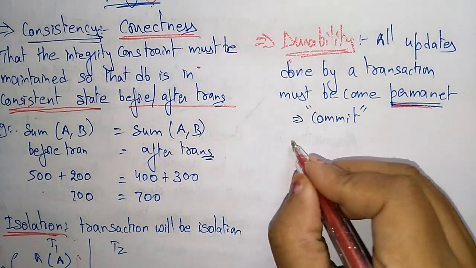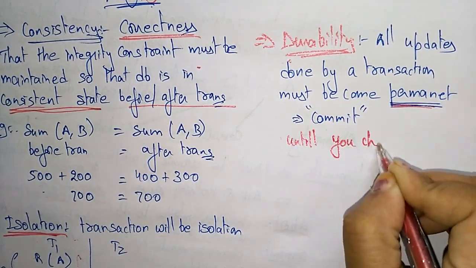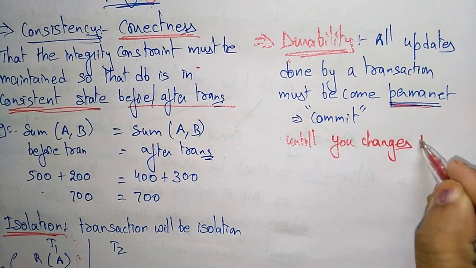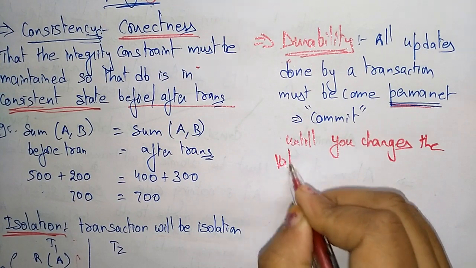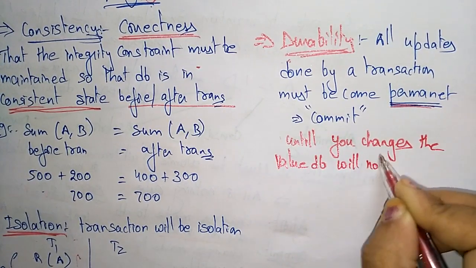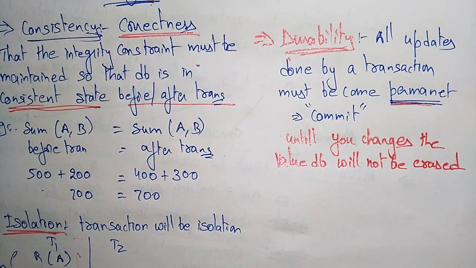Until you change them, the values in the database will not be erased or removed. That is durability.